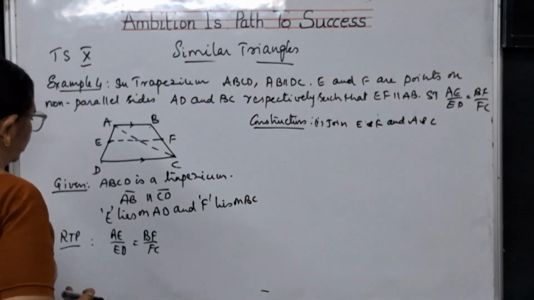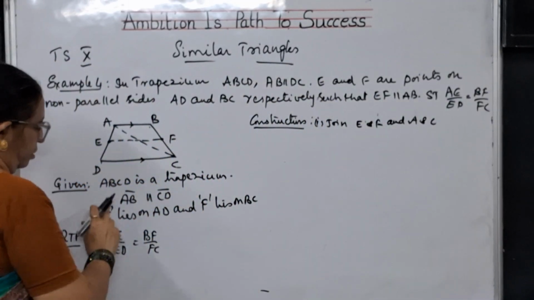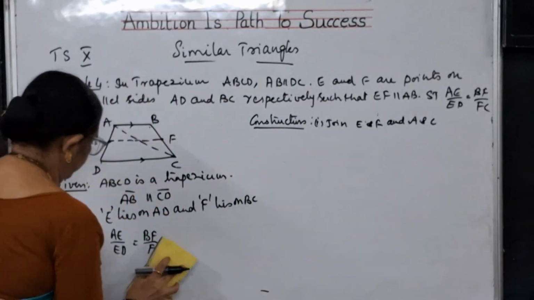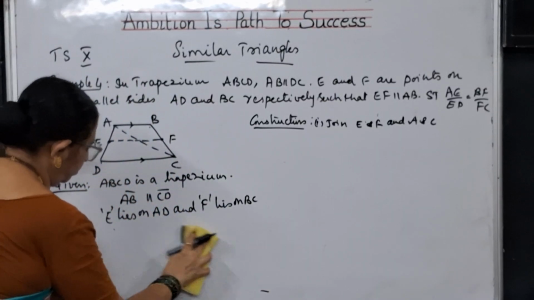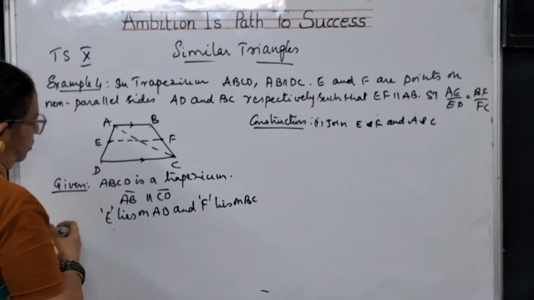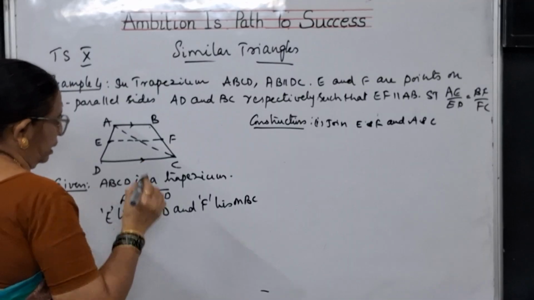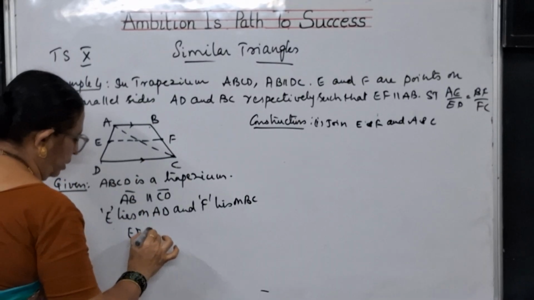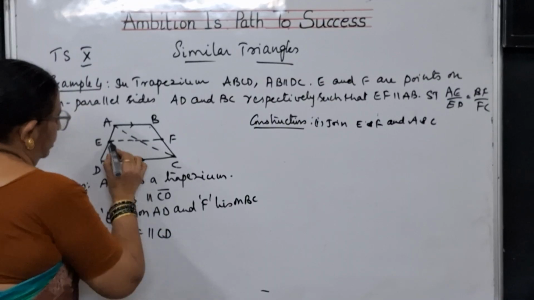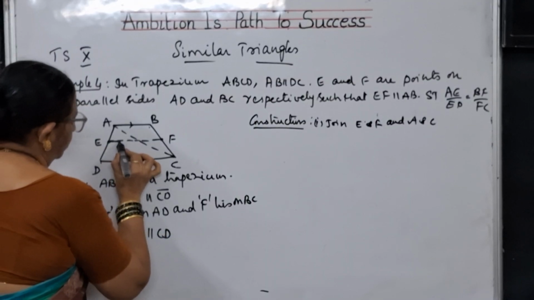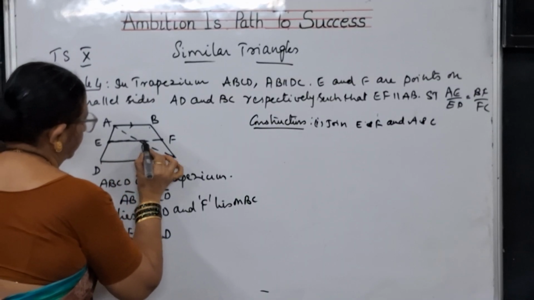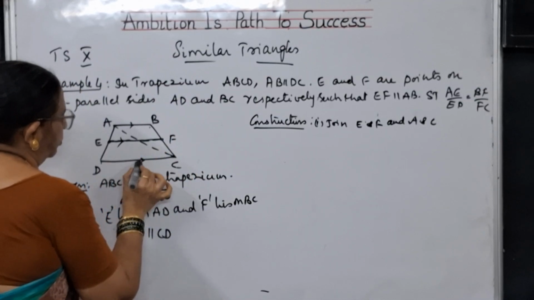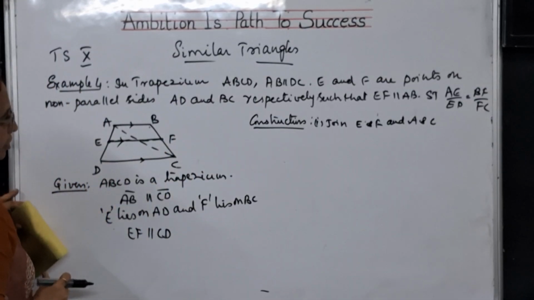So what is given to us? ABCD is a trapezium. AB is parallel to CD. E lies on AD. F lies on BC. EF is parallel to CD. So we have to draw a bold line because they have given EF is parallel to CD.